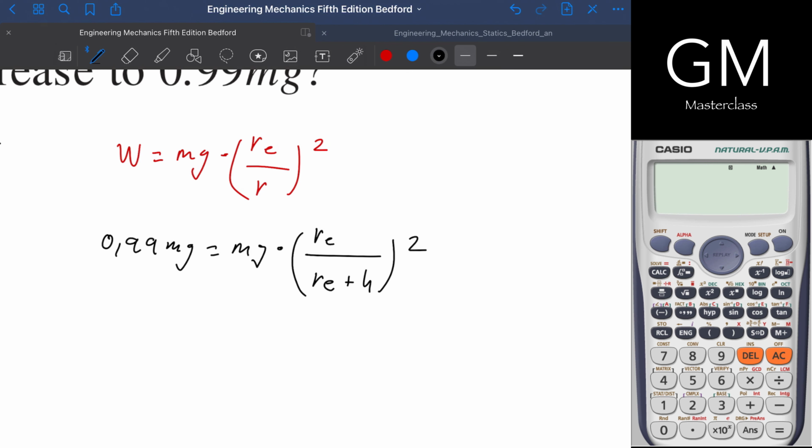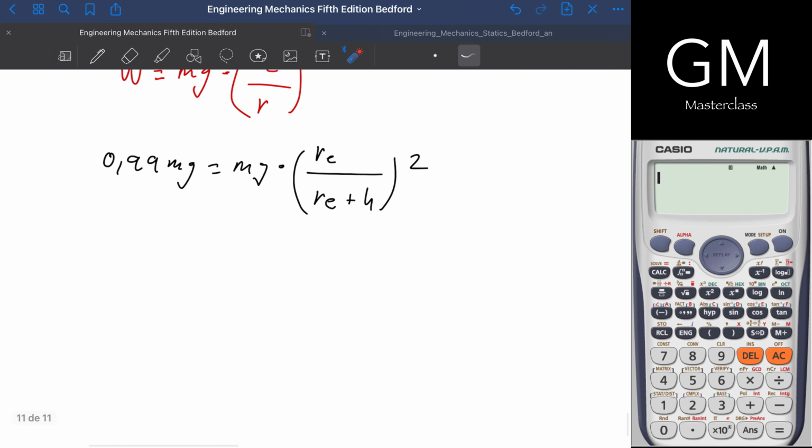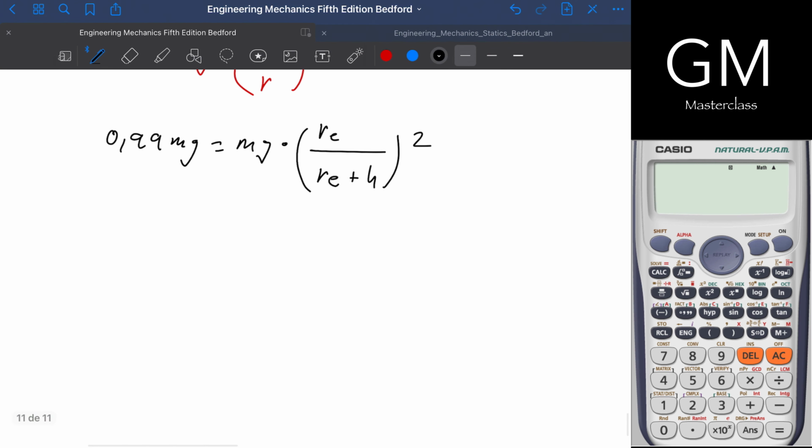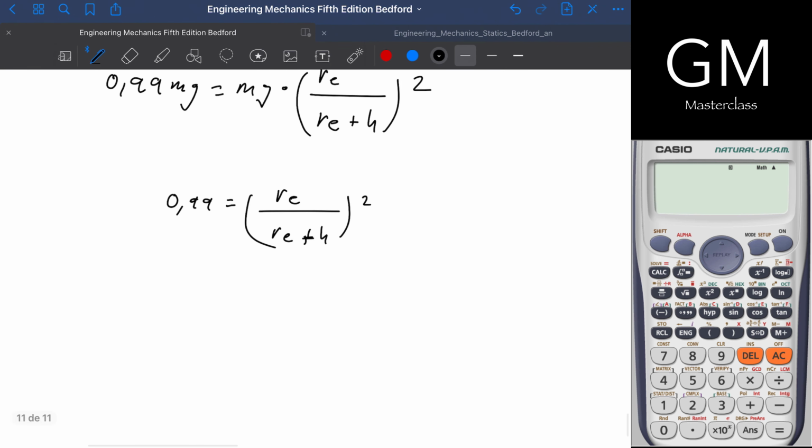Those two evaluated to the second power. Now, because this mg is equal to this mg, I can eliminate both of them. And now the equation at this point is as follows: 0.99 equals R_e divided by R_e plus h, to the second power.